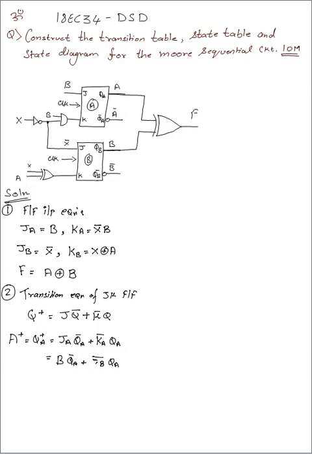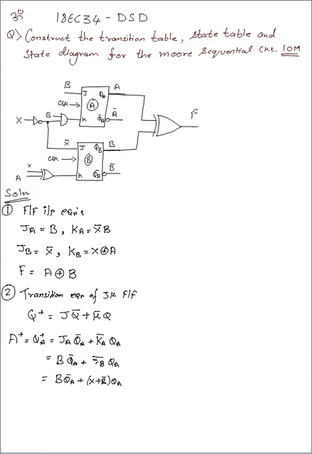Using De Morgan's theorem, if I simplify this, this is going to be B QA complement plus x double complement plus B complement. The x double complement is going to eventually get cancelled out, plus B complement into QA.